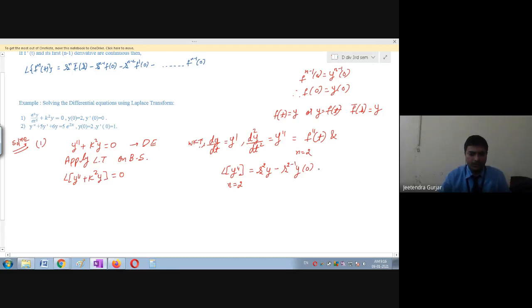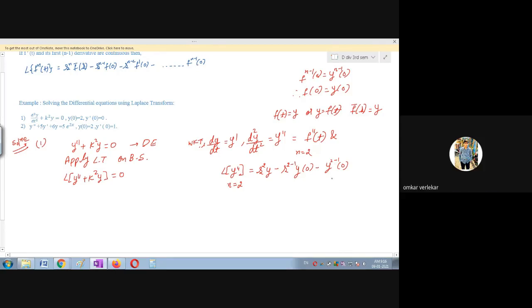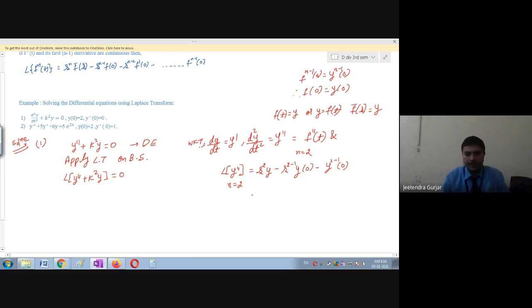Therefore this will become minus y of 2 minus 1 of 0. Is it clear? Everybody understood? Yes, sir. Okay, I have gone very, very slow. So I can now simplify this.